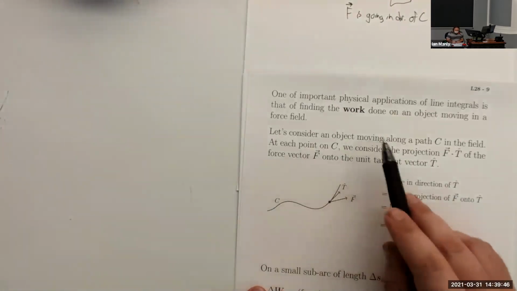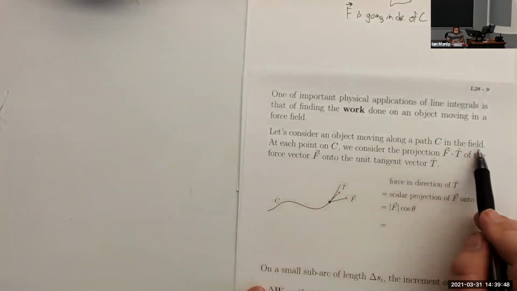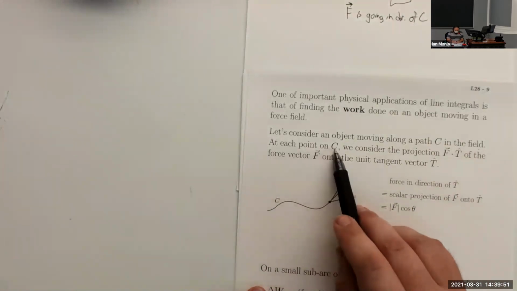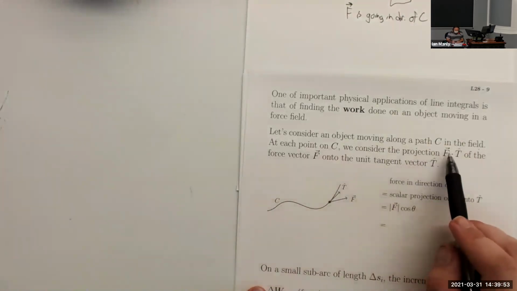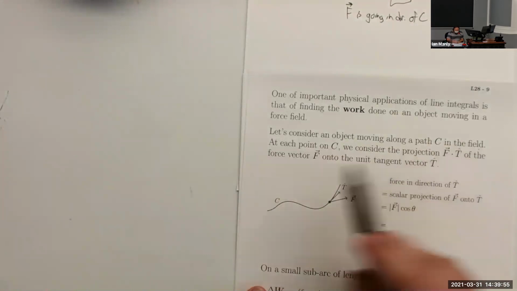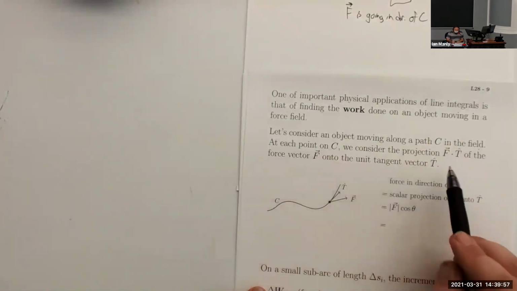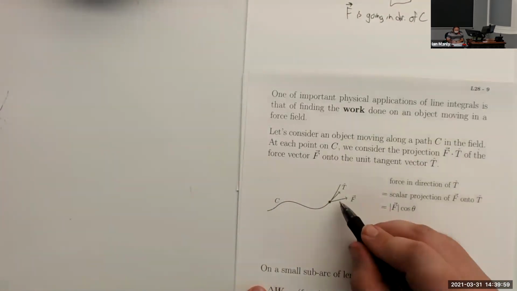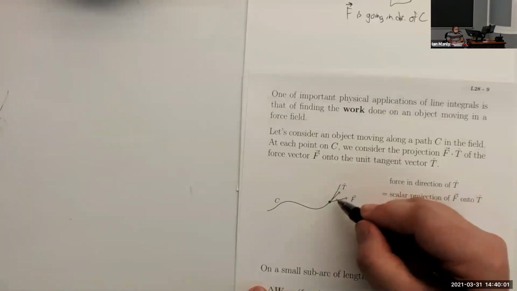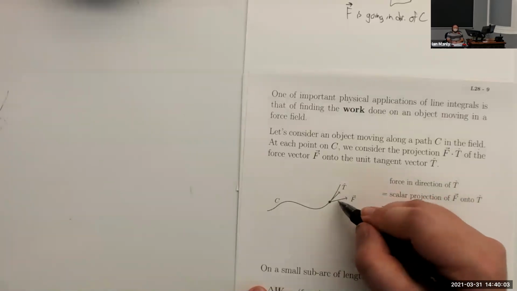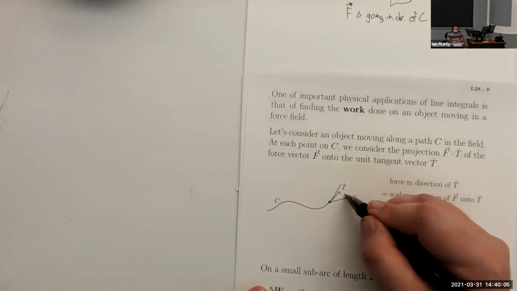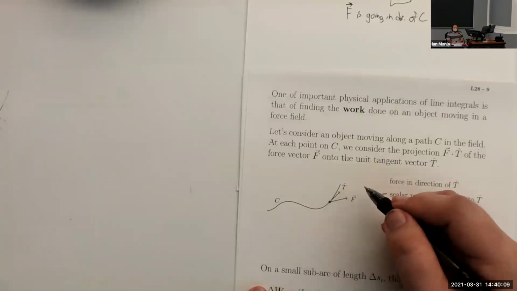Let's consider an object moving along a path C in the field. At each point on C, we consider the projection F dot T hat of the force onto the unit tangent vector. So this is effectively measuring how much force is moving us in the direction that we're going. So the more the force agrees with the direction that we're moving in, the more work is being done.